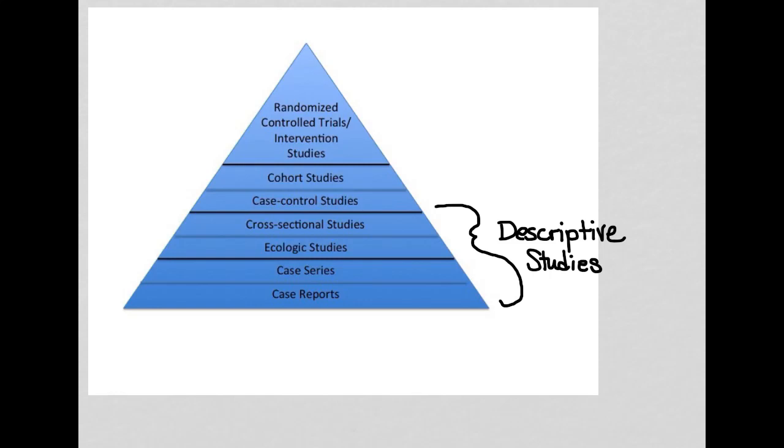In the case of ecologic and cross-sectional studies, we're looking at prevalence data. In case series and case reports, we don't even have prevalence data because we don't have a whole population. We just have a series of individual events. But for these two studies, we're looking at prevalence rather than incidence, and for that reason we can't infer causality.